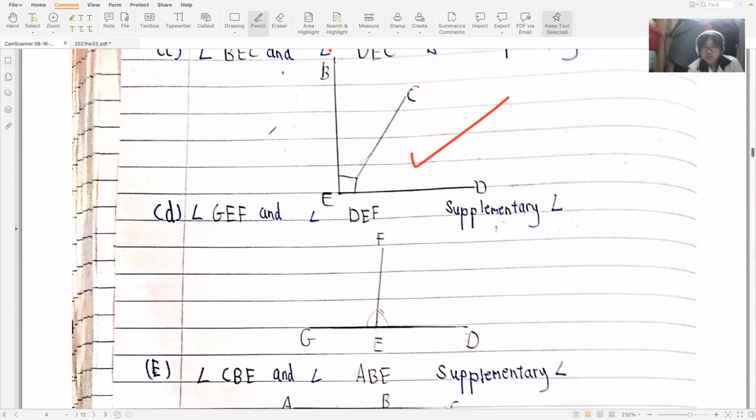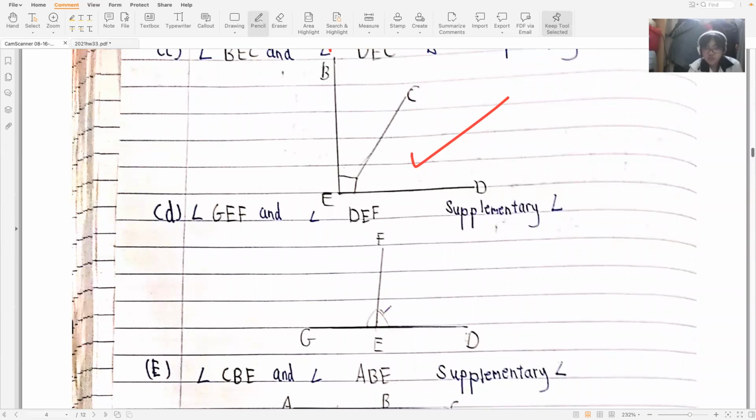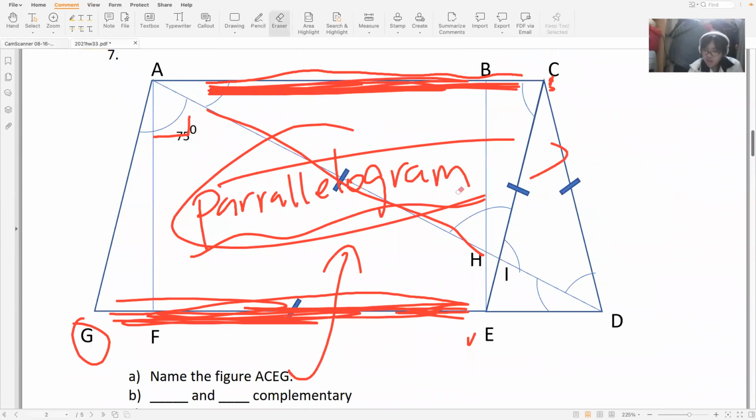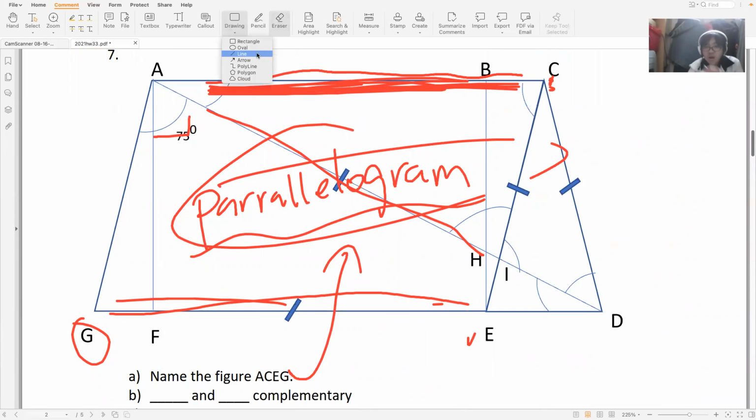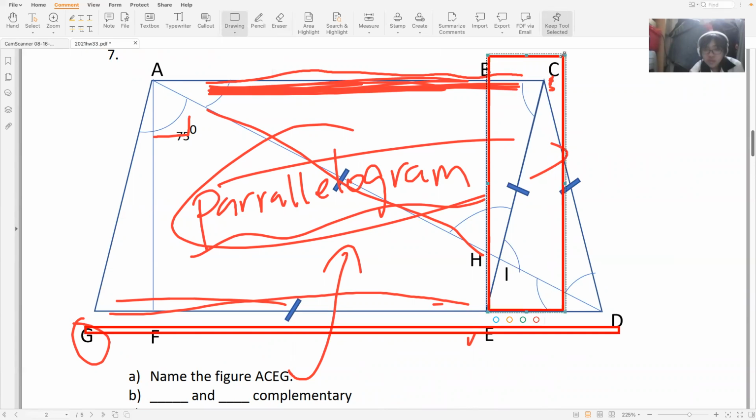Supplementary. You choose GED. Let me see GED. Then which line do you choose? There are many lines. EC. You choose EF. That's E. Where's F? If you choose GED, which is here, then that means EC is the line.